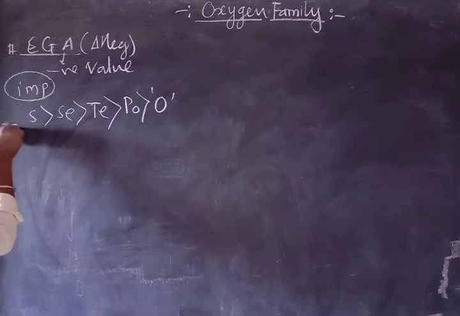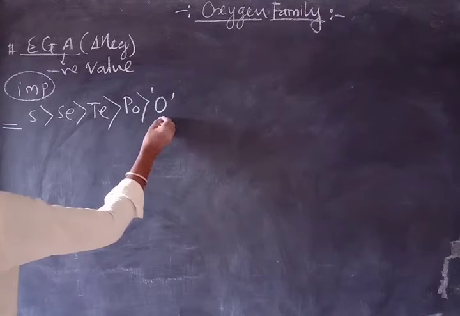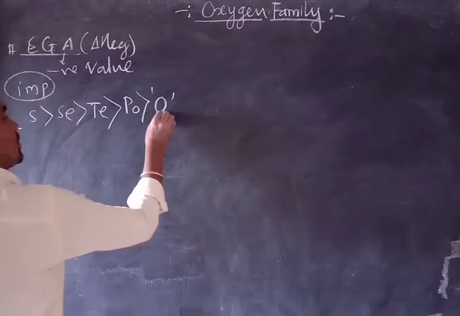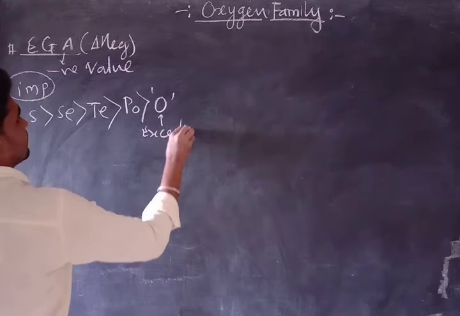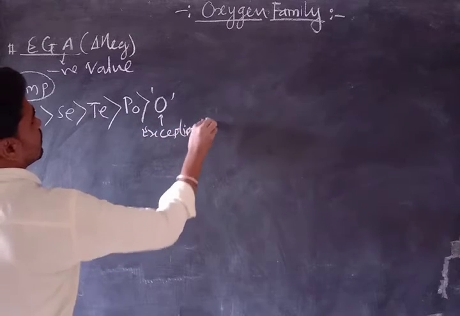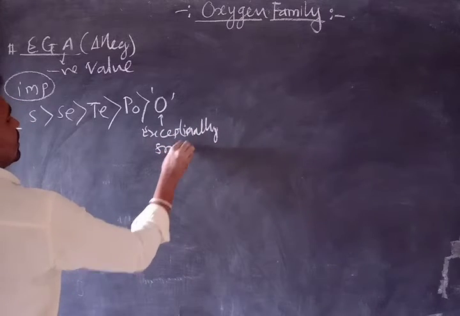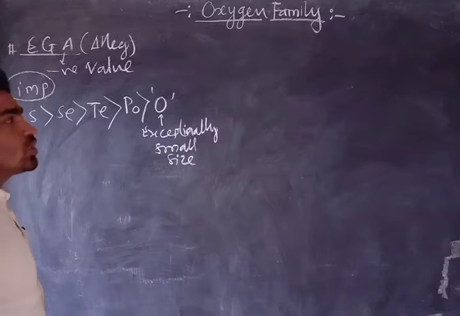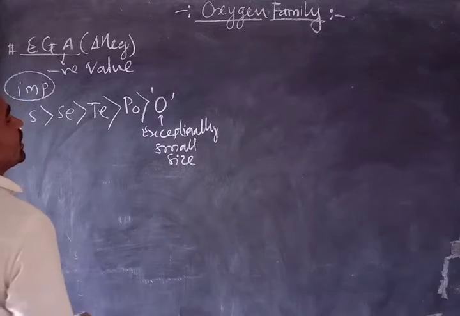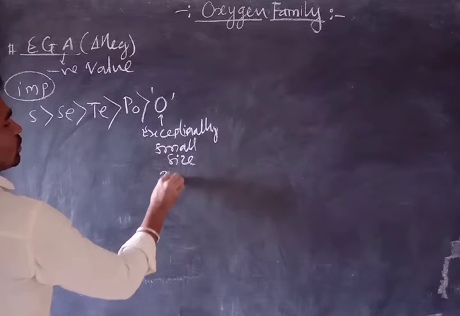Actually oxygen should be first, but it comes last because of its exceptionally small size. Because of the small size, it could not accommodate the incoming electron in its 2p orbital.